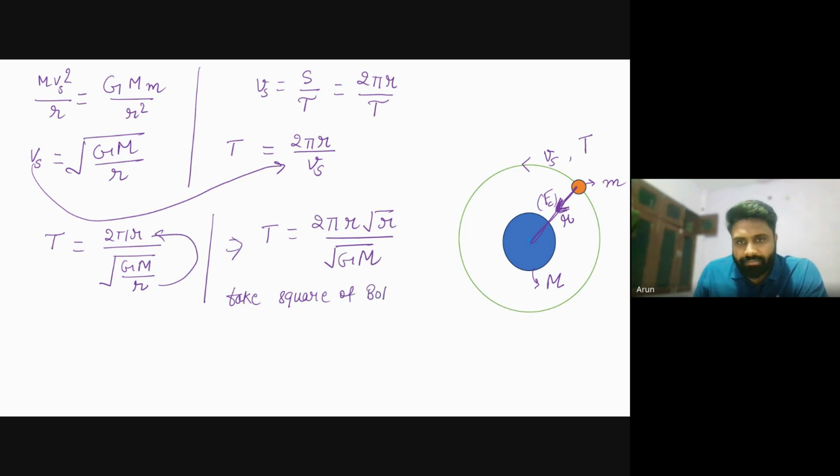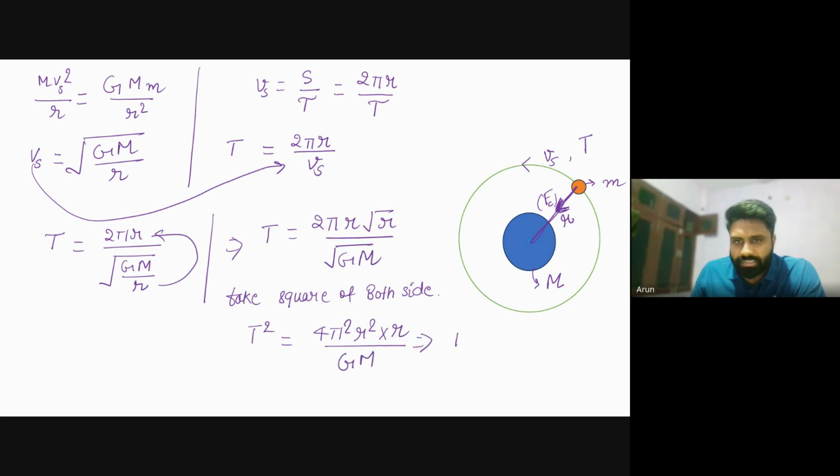So this is T square. 2 square will be 4, pi will be pi square, r square will become r square, and the square root will vanish out, so it will become r divided by GM.